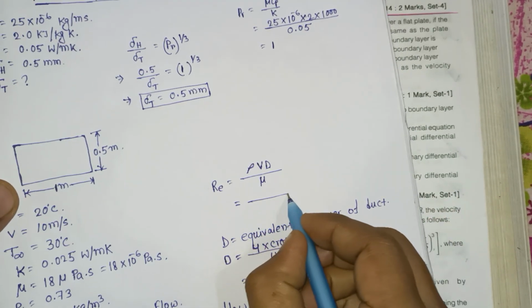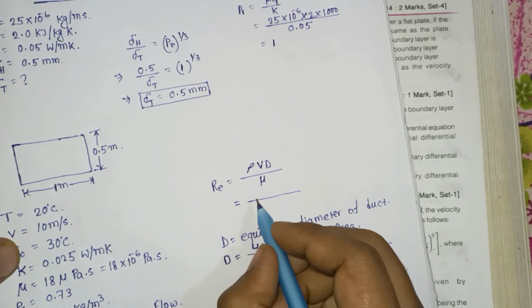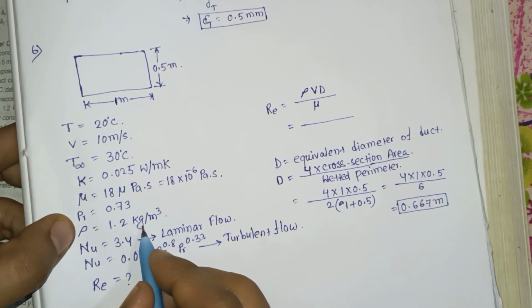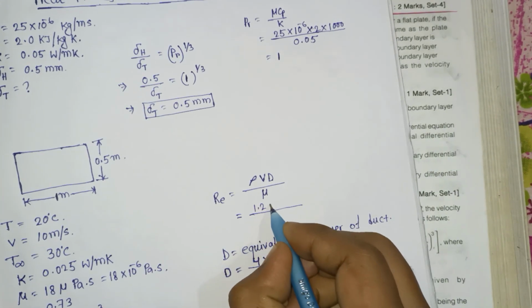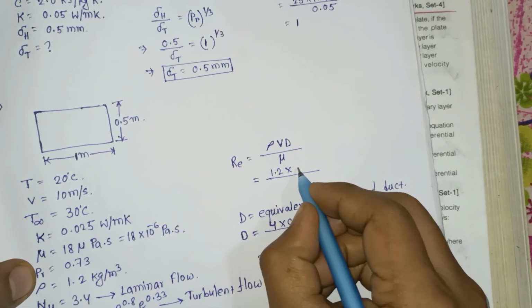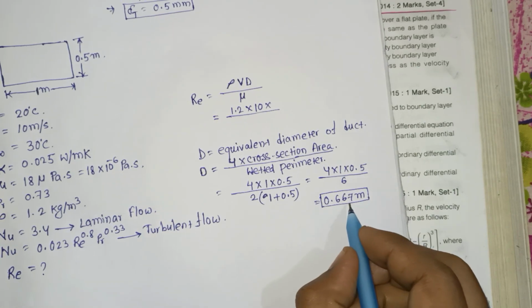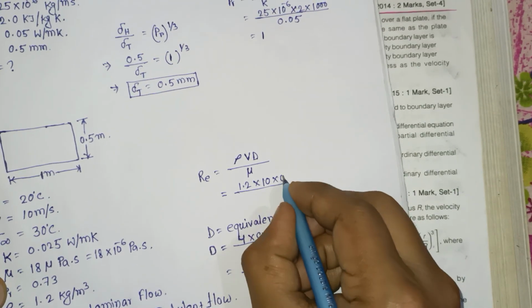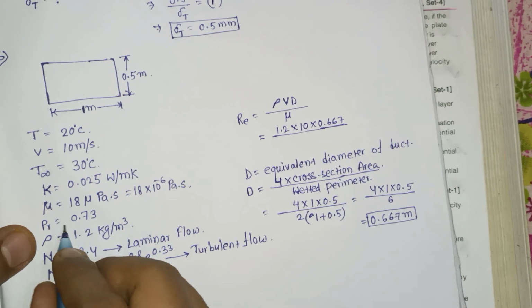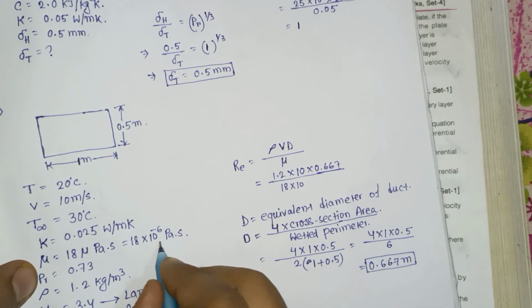So let's put the values to calculate the Reynolds number. Reynolds number is equal to rho V d upon mu. Rho is 1.2 kg per meter cube, 1.2 into the velocity, 10 meter per second, into d equivalent diameter, 0.667. What is the value of mu? Mu is equal to 18 into 10 to the power minus 6.